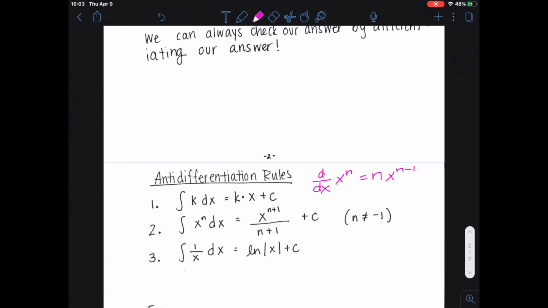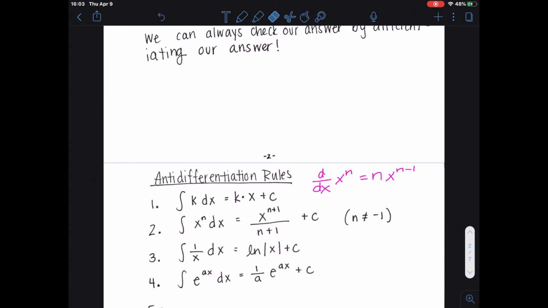We had to be a little bit careful and put these absolute values because the natural log function has a domain where the inside is strictly positive. But 1 over x doesn't have restrictions. I could plug negative 2 into it, no problem, and the function is defined. But it's not going to work over here. So that's why we need these absolute values to guarantee that our domain is correct.